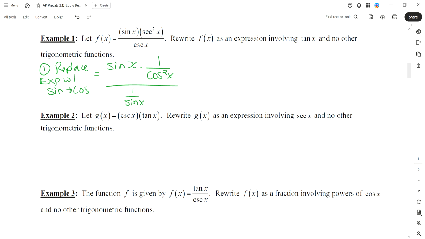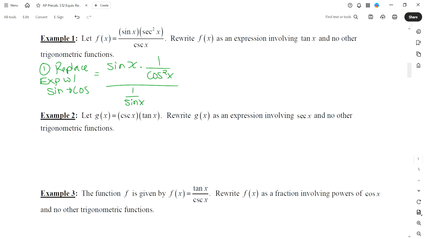Now this is where our algebra skills, like when we solve equations and inequalities, really come into play. For instance, when I divide by a fraction, what is that the same as? Multiply by the reciprocal.